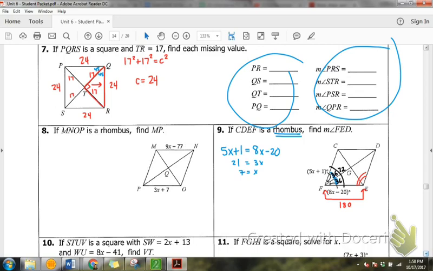And remember, the two of them add up to be 180. So if I've used up 72, how much is left? 108 for this angle over here. So I know that the measure of angle FED is equal to 108. And you need to put this on there, that last thing, okay?